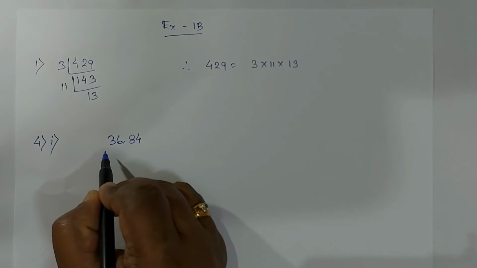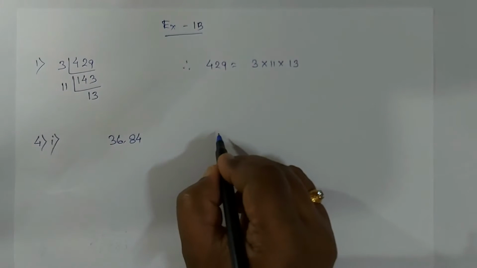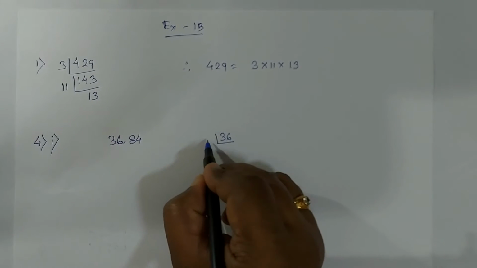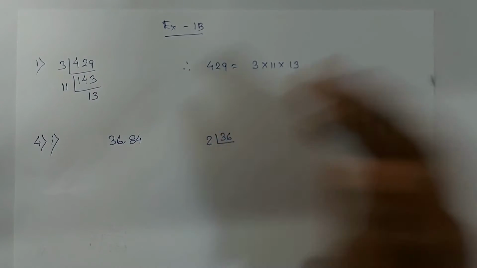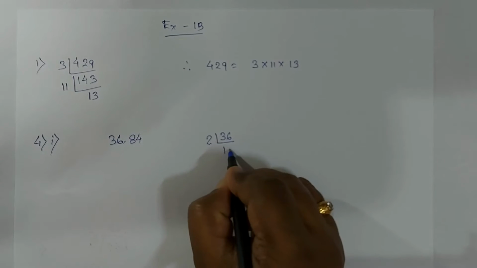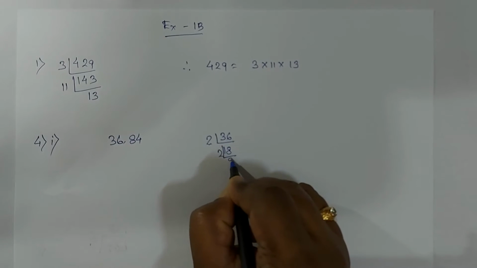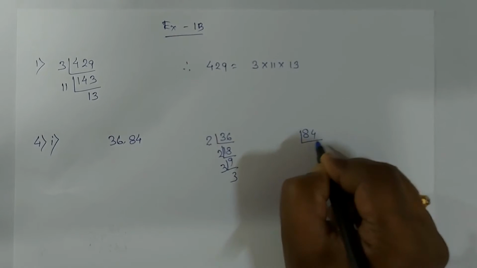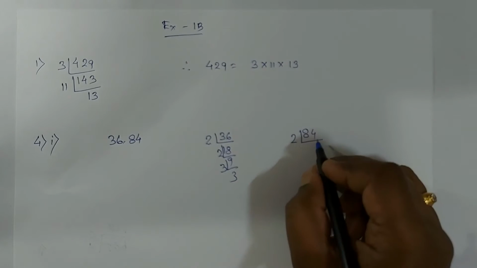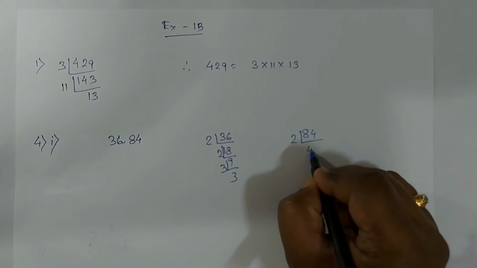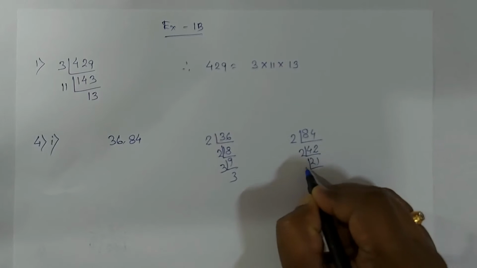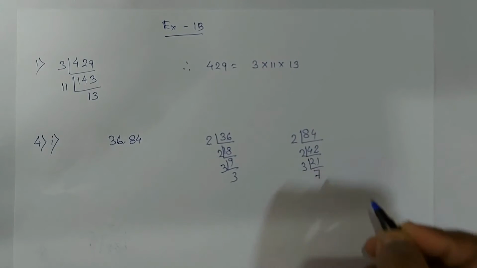So let's do the prime factorization of 36, which is 2 into this, and 84, 21, then 3 into this.